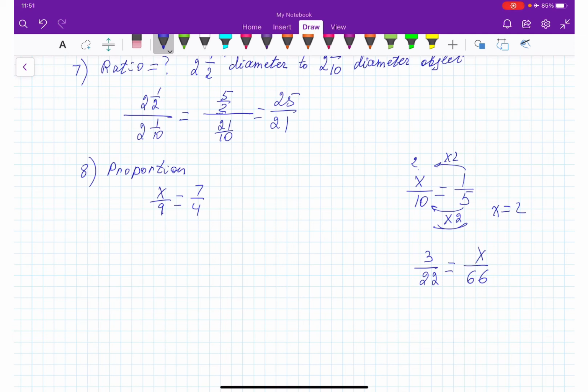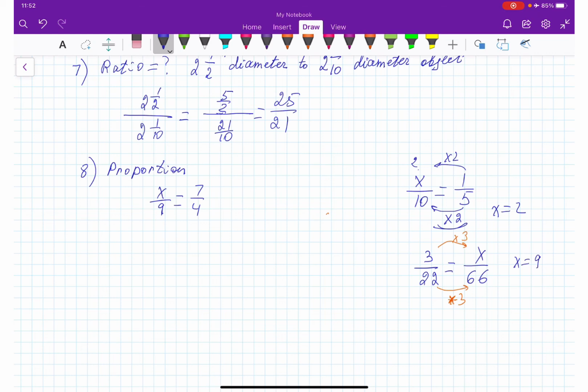So 22 I can multiply by 3 to get 66, right? This is multiplication, guys. That means the 3 also I have to multiply by 3 to get x. So 3 times 3 is 9. So from here, x is equal to 9.